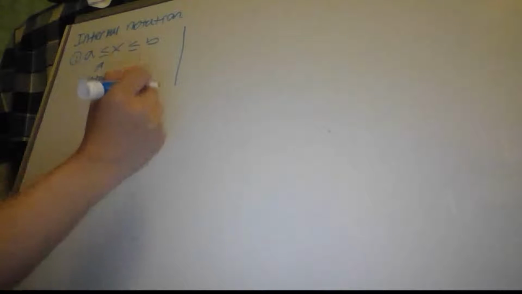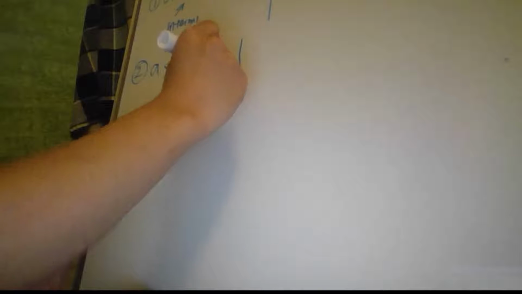And in interval notation it would be bracket A to B, okay? That's how you would do it. It's like bracket A, then comma B, bracket.